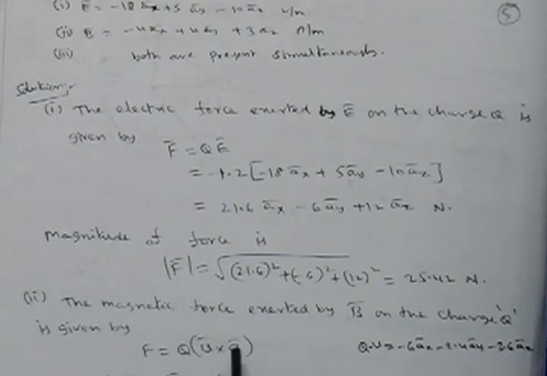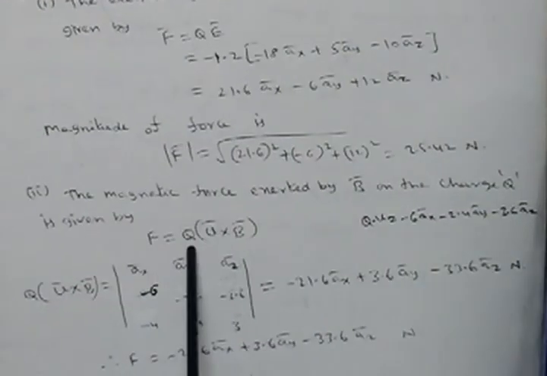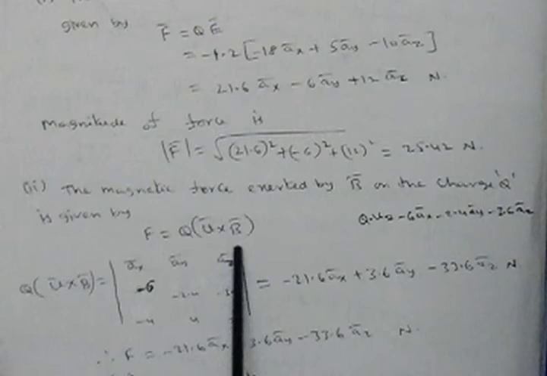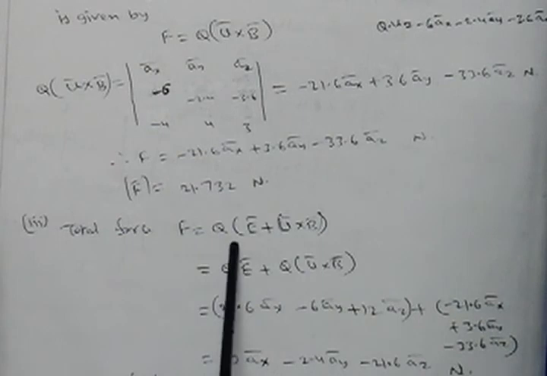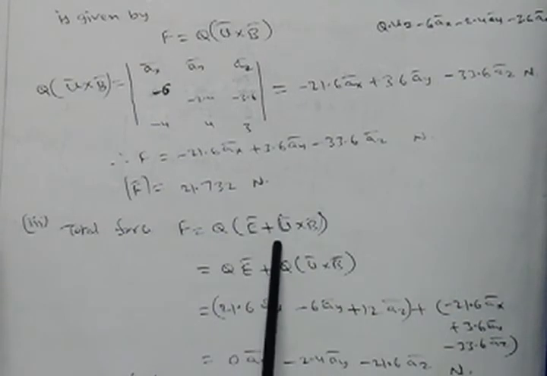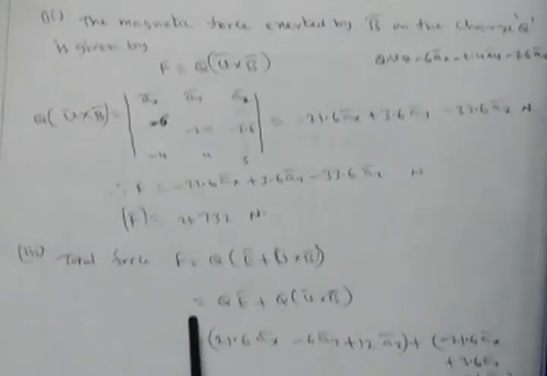When the magnetic field is present, the force is F equal to Q of V bar cross B bar. When both fields are present, the force equation is F equal to Q of E bar plus V bar cross B bar. That is what you have studied as the Lorentz force equation.